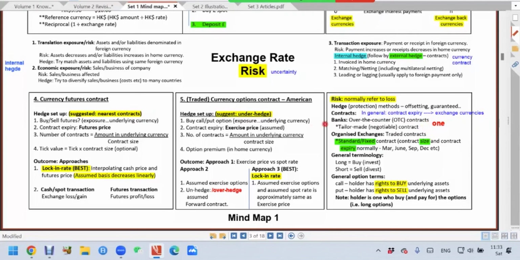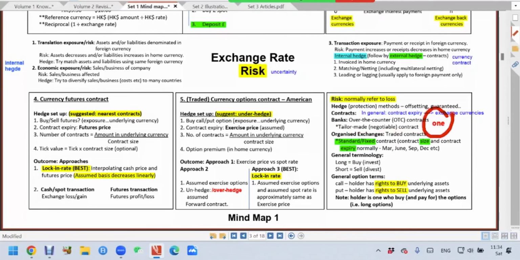Bank's contract is done personally, so everything is negotiable. You can negotiate with the bank the rate and the expiry, and it is always one contract. Very important: you go to the bank, you get one contract only. So I put down here one.